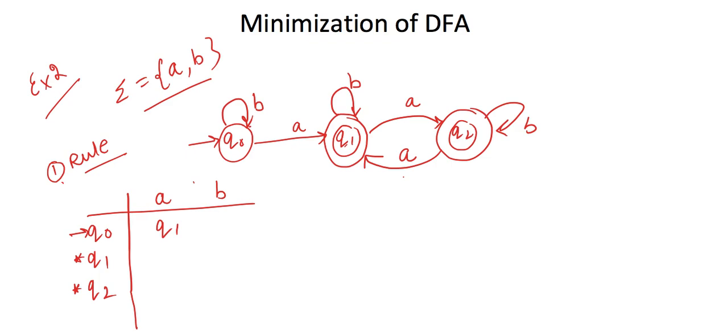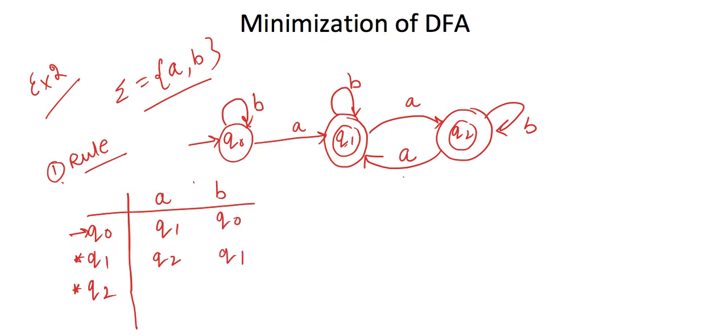Okay. So Q0 on a is moving to Q1. Q0 on b is remaining at Q0. Q1 on a is moving to Q2. Q1 on b is remaining at Q1.